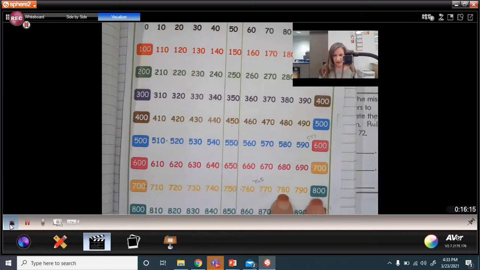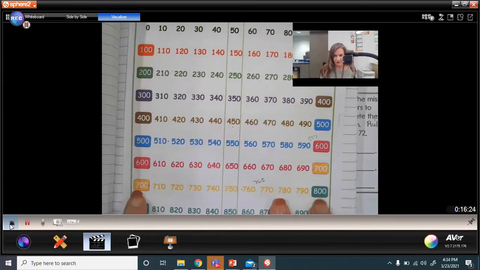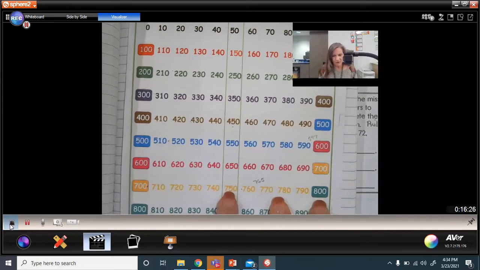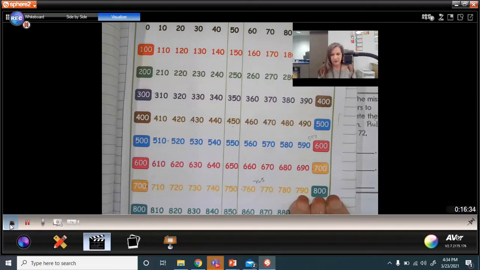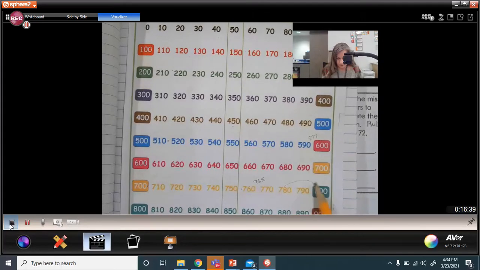It's between 700, which is already here in the hundreds place, and the next 100 is 800. Remember, 50 is right in the middle, so when we pass 50 between our hundreds, we're going to round up, and that's going to round up to 800. So 780 rounds to 800.